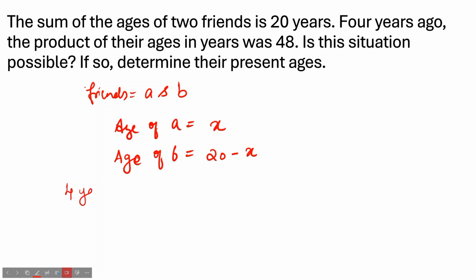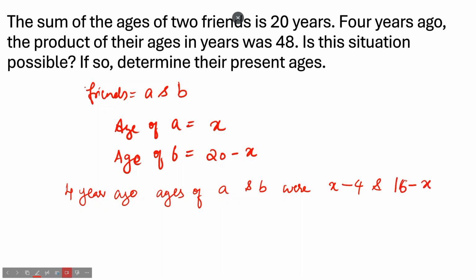So 4 years ago, the ages of A and B were x minus 4 and 20 minus x minus 4, that is 16 minus x, respectively. Okay, so their product, x minus 4 times 16 minus x, is given as 48.